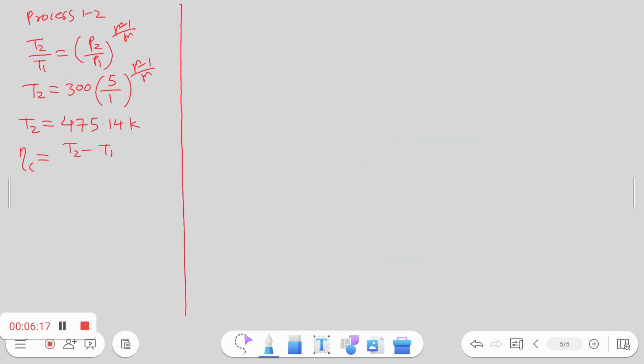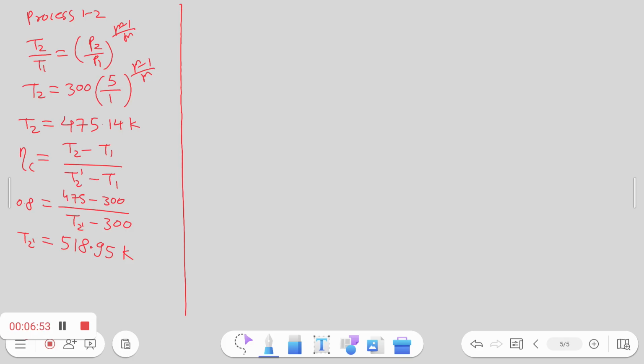The compressor efficiency is given as 0.8. T1 is 300, so T2 dash minus 300. From this we can calculate T2 dash: 518.95 Kelvin, right? Yes.